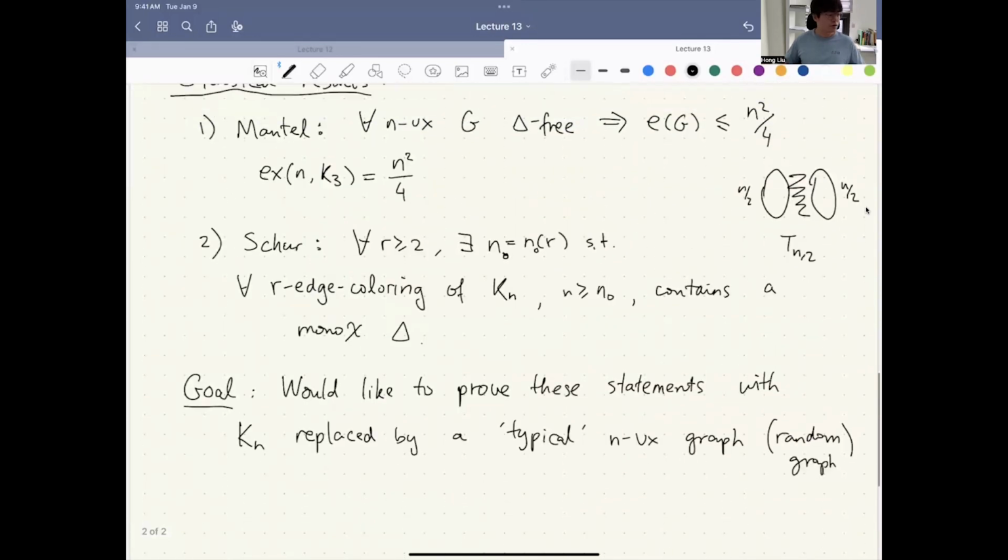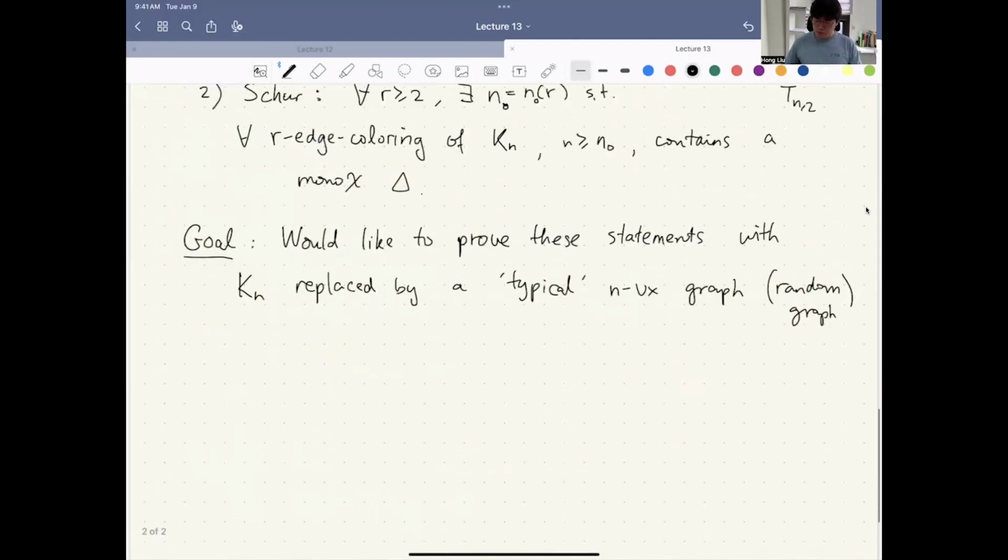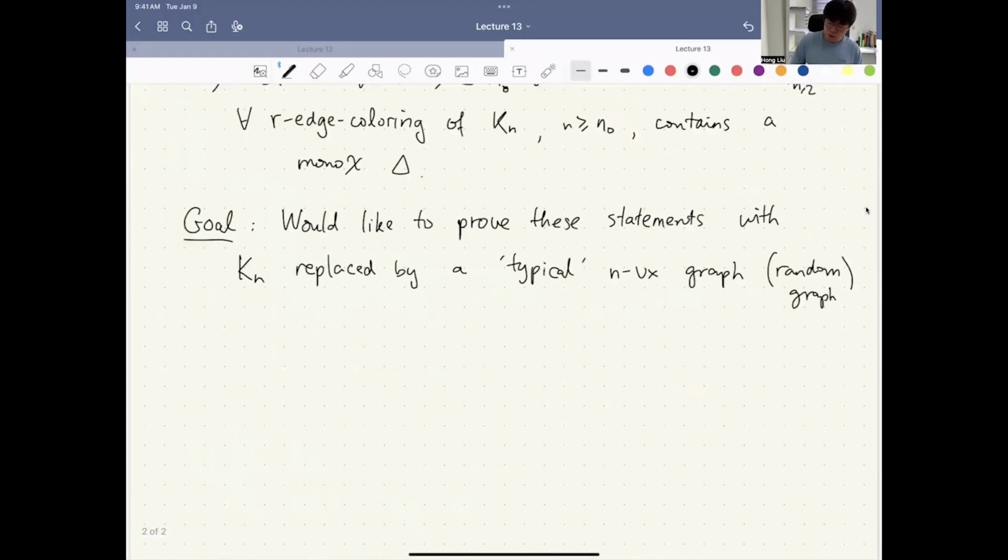Any questions so far? Okay, what we're going to do is, just recall the definition, G(n,p).